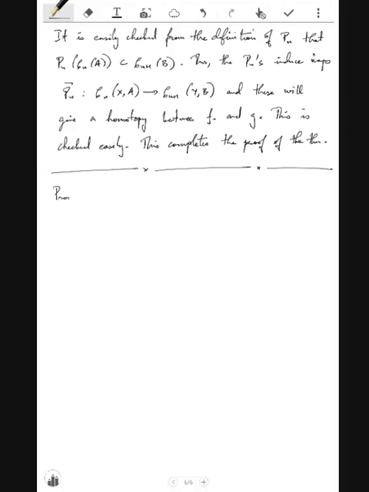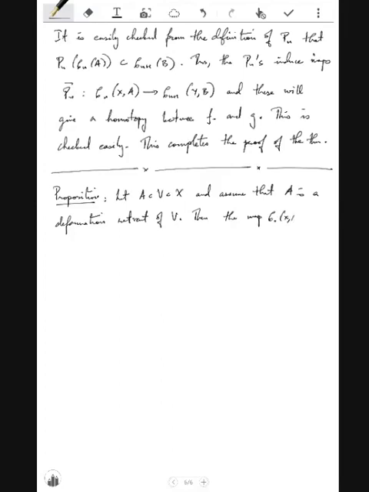So next we prove the following proposition. Let A contain V contain X, and assume that A is a deformation retract of V. Then the map induces an isomorphism on homology.